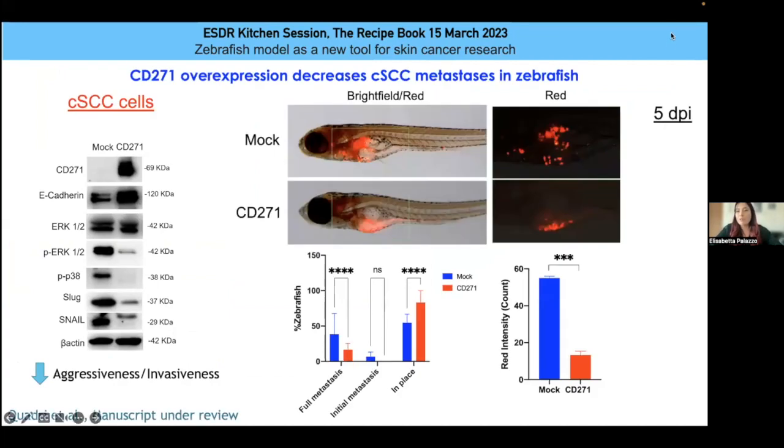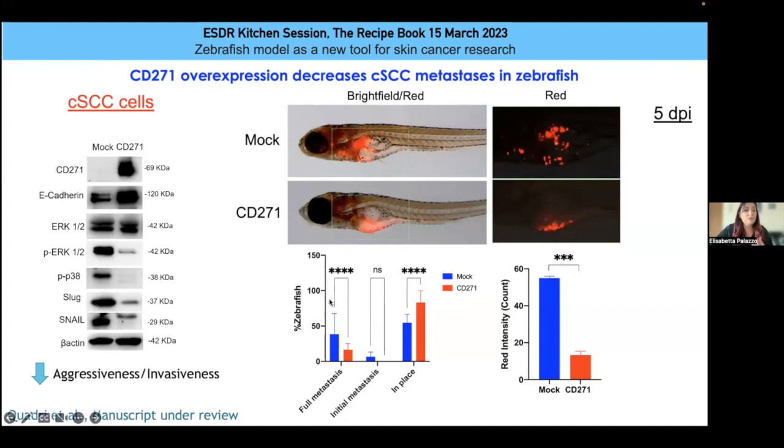So what happened when we used the zebrafish to understand the behavior of these cells? Here you can see very well what happened for CD71 overexpressing cells versus control cells. You can see that we have a higher percentage of zebrafish having in place cells, while here you see a lot of cells going outside the yolk area.